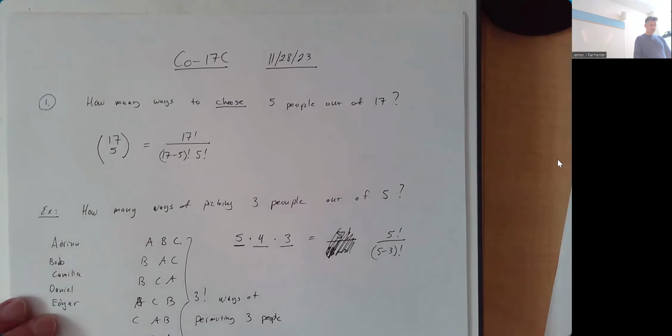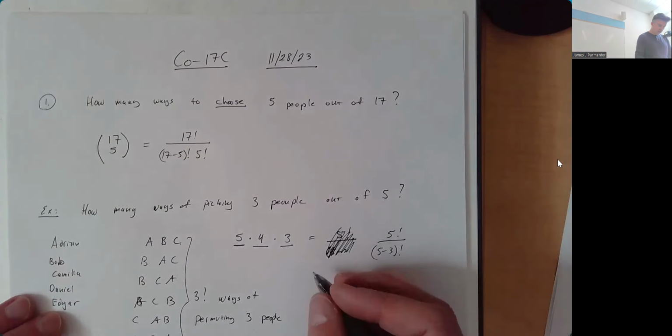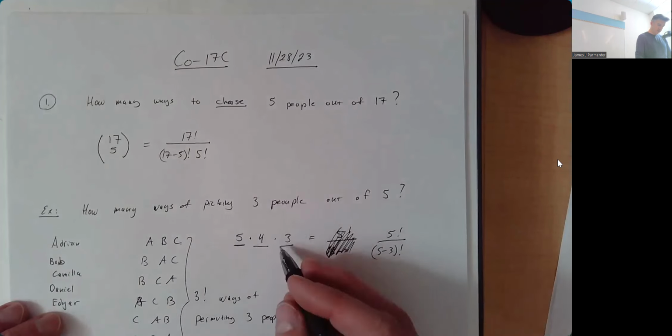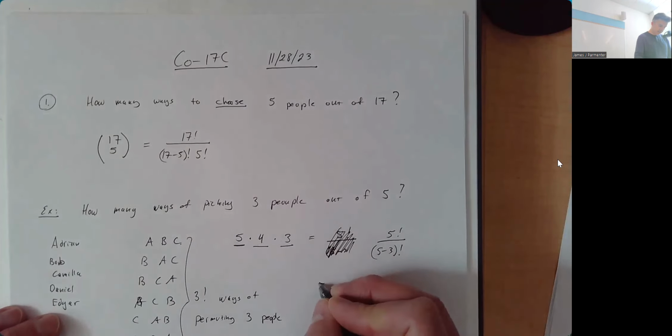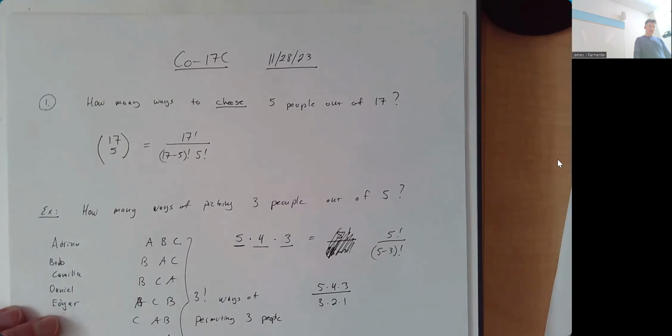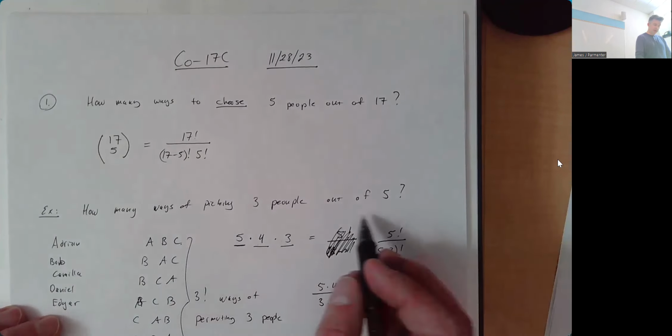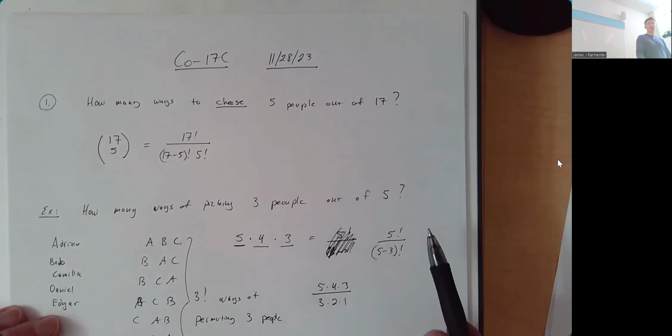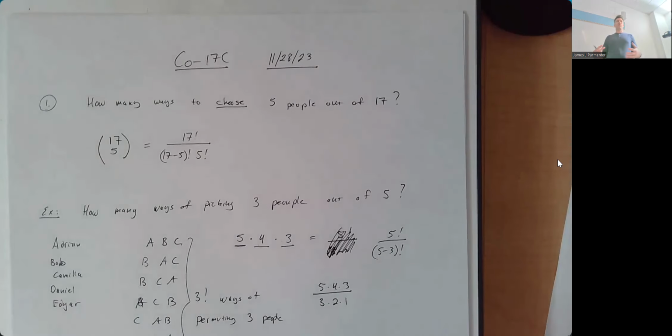So what we're going to do is take this 5 times 4 times 3 and divide it by 3 factorial. That's the number of combinations. So this up here would be the number of permutations of 3 people. I'll get back to that in a second.